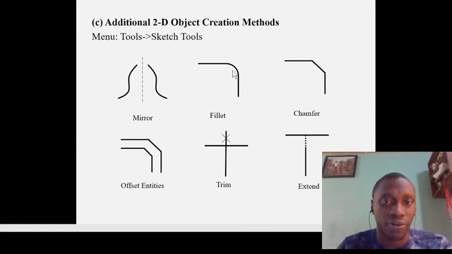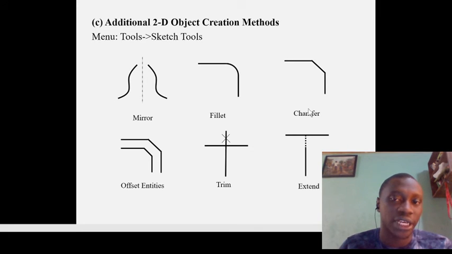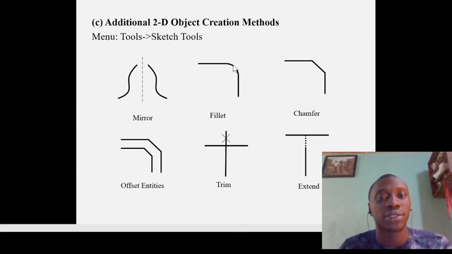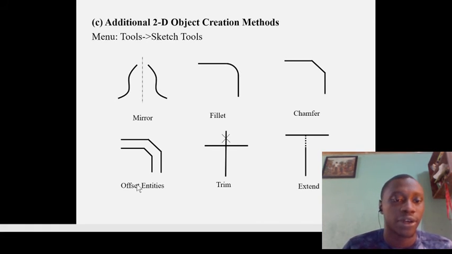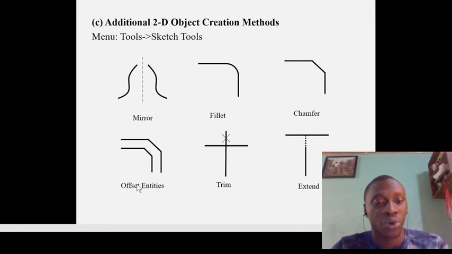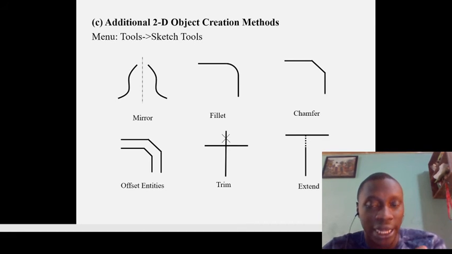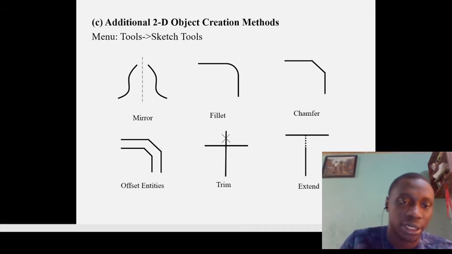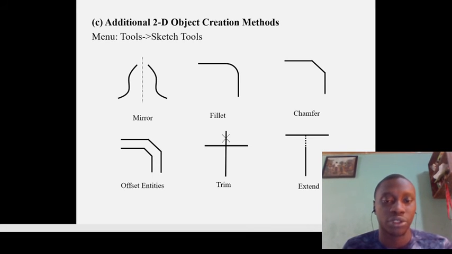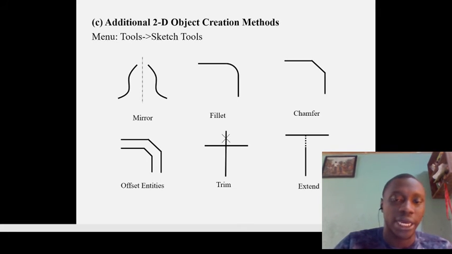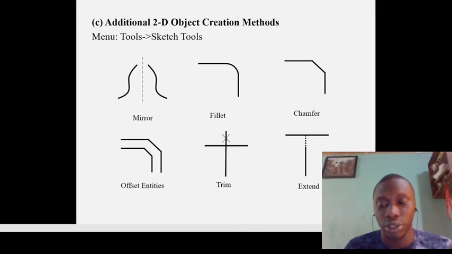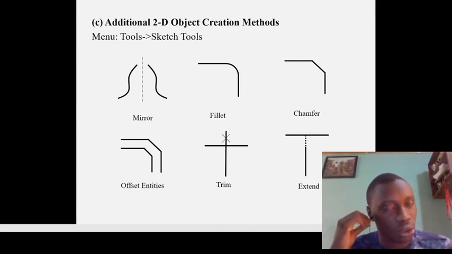Chamfer is flat at the corner, fillet is curved at the corner. Offset entity, from the word offset, is a constant distance away from something. We also have trim to remove any sketch entity. You can extend a line to another line.